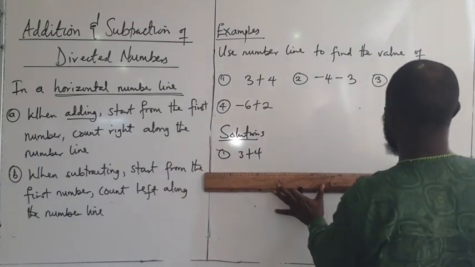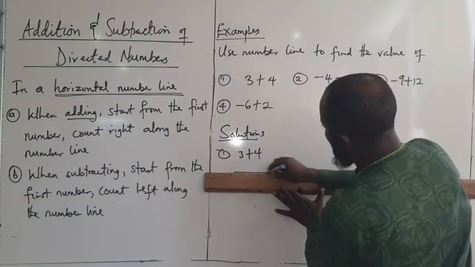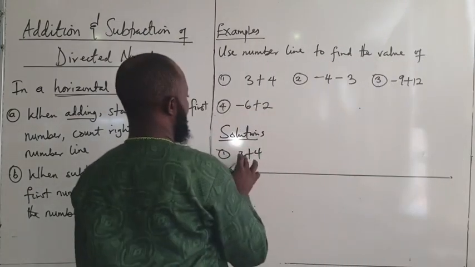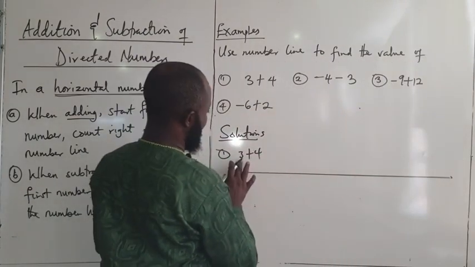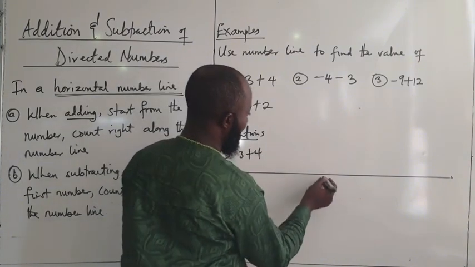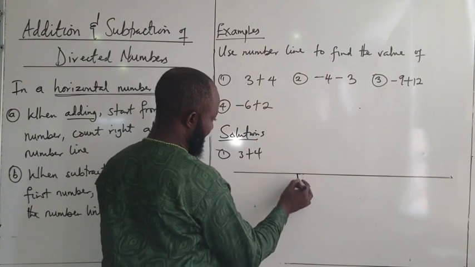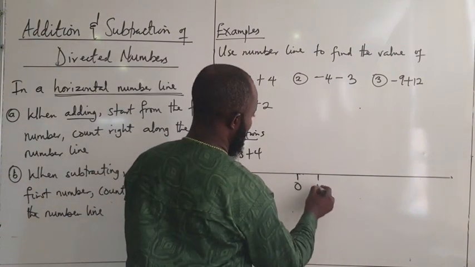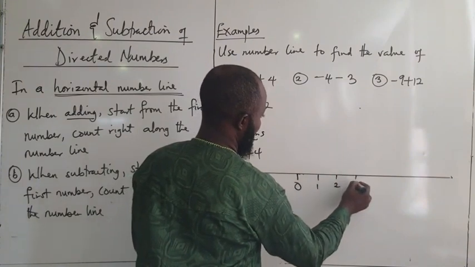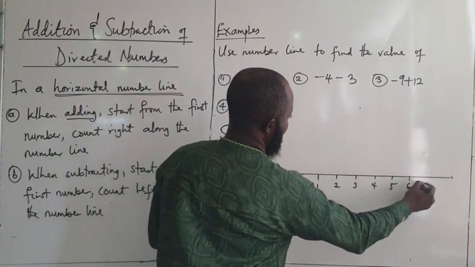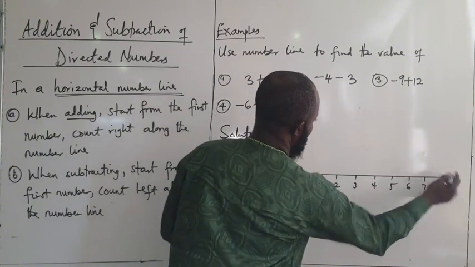The first number we have here is 3. Everything here is positive, so we can bring 0 to this side. We don't have any negative here. So let's have 1 here, 2, 3, 4, 5, 6, 7, 8.